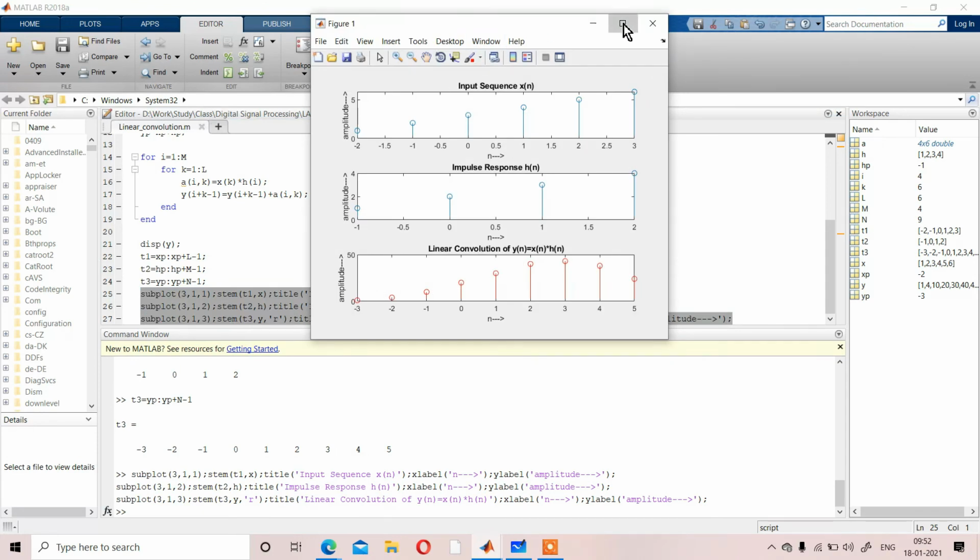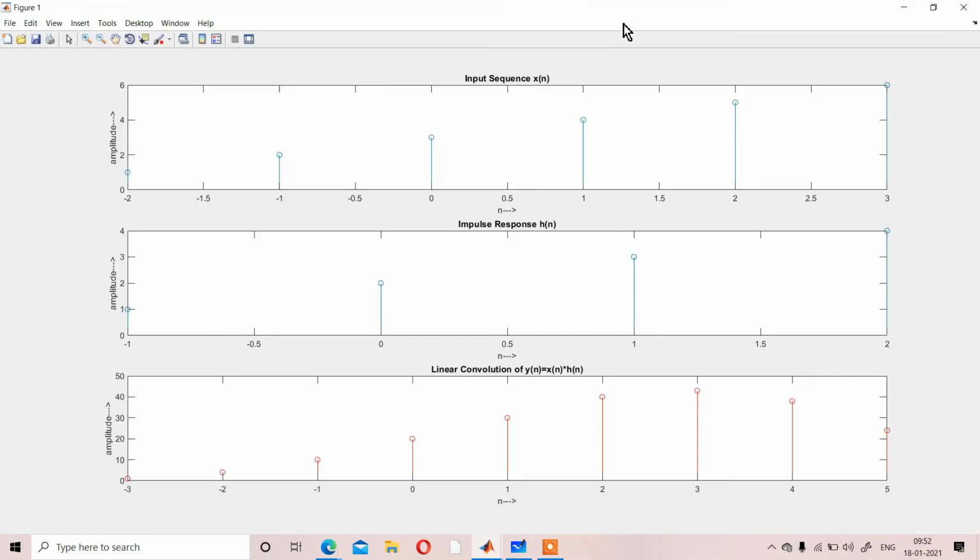that code will give you the convolution output. See, whatever the parameter you have considered, 1, 2, 3, 4, 5 and 6, that is your xn, and its starting position is -2, ending position is 3, that is your 0th position.